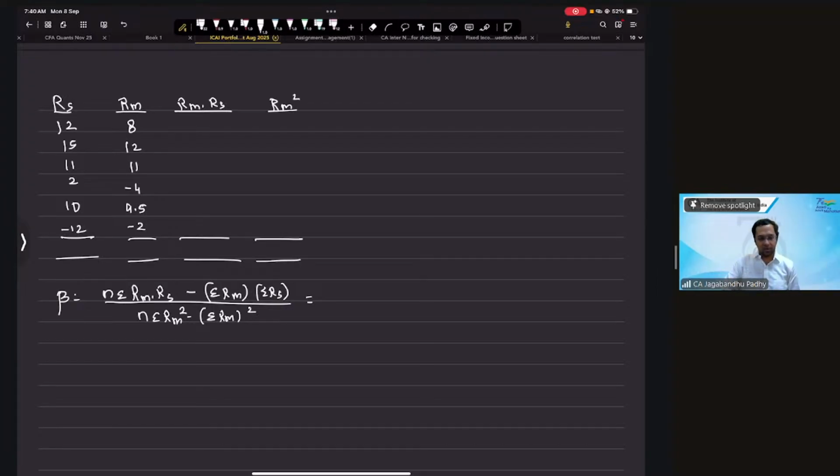So we need RM into RS, these totals, and also RM square. Just calculate these totals, substitute in this, and get the value of beta, guys.